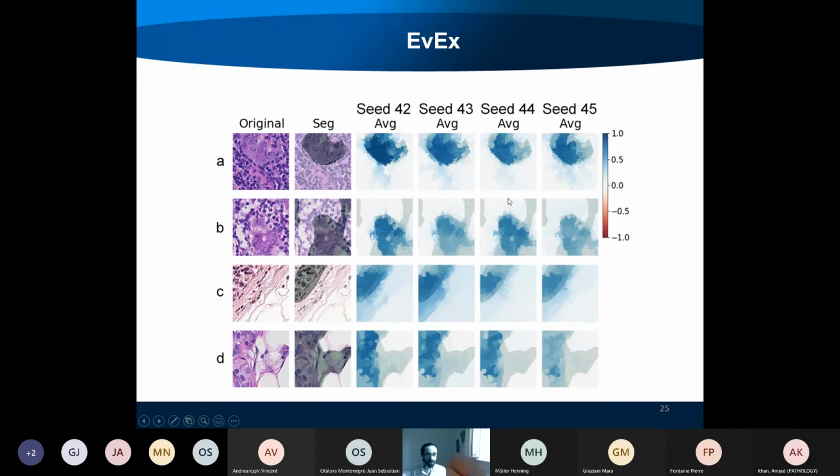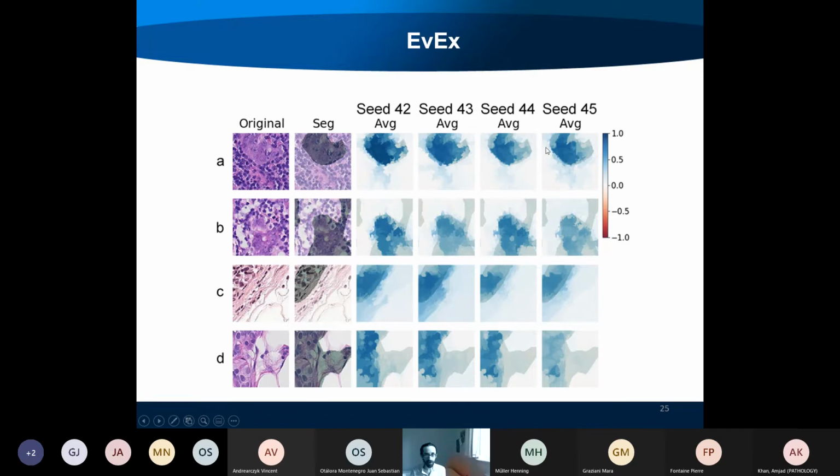And one of the most important differences from this work to the previous one is that there was no manual fine-tuning here. It wasn't us trying to fine-tune the parameters to get this result that matches the medical thing. It's like, okay, we use this optimization algorithm with these objectives, and that seems to generate explanations that agree with the medical segmentations.